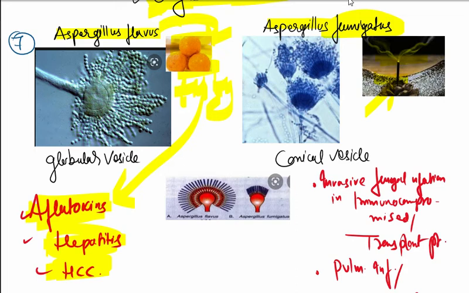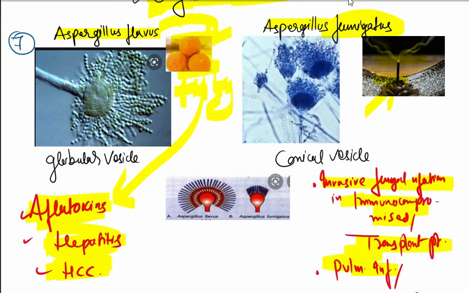So pulmonary manifestation is in fumigatus. Aspergillus fumigatus is associated with invasive fungal infection in immunocompromised patients or transplant patients. So pulmonary infection, lung infection in an immunocompromised patient, this is Aspergillus fumigatus.